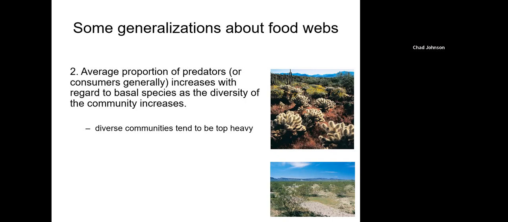Second or third level consumer, you'd probably be more likely to find that coyote, especially because there are a lot of places to hide here. There's also a lot of places for prey to live in here compared to here. So diverse communities, and you can see the plant diversity there, tend to harbor more top level consumers than the ecosystems that lack diversity.